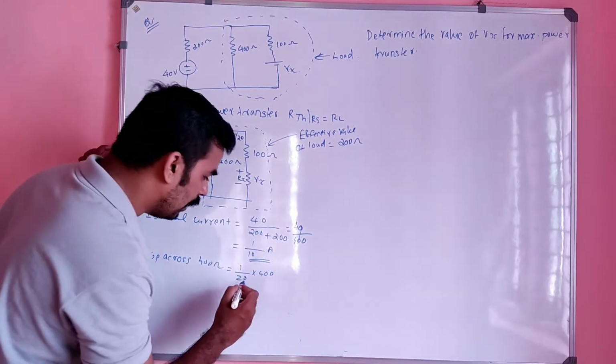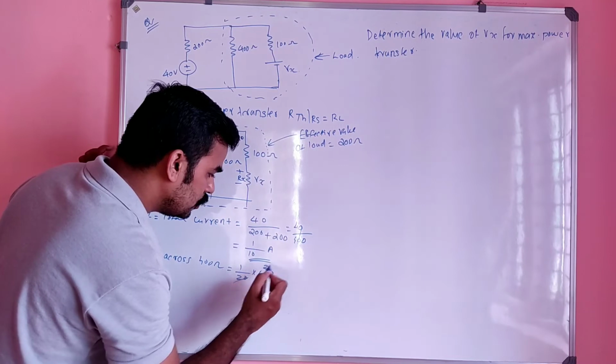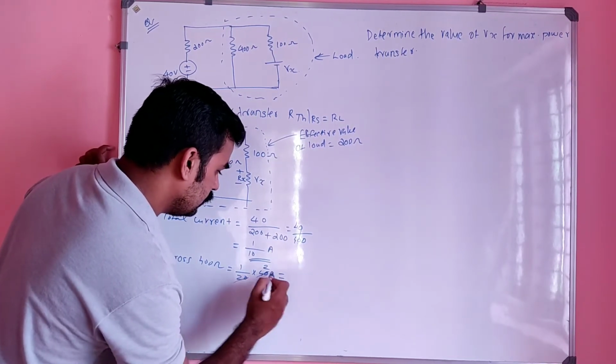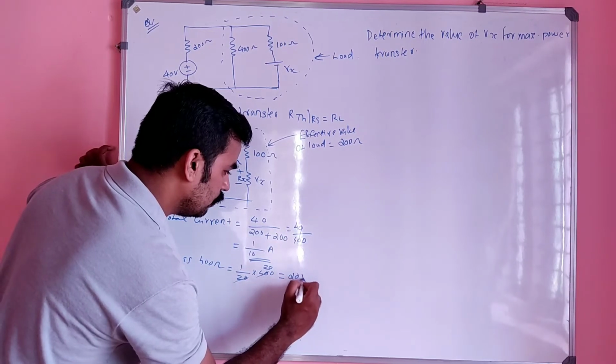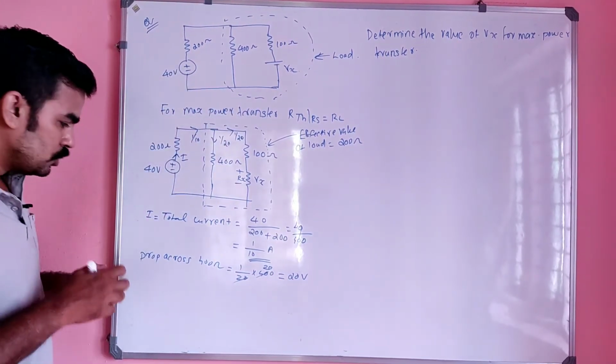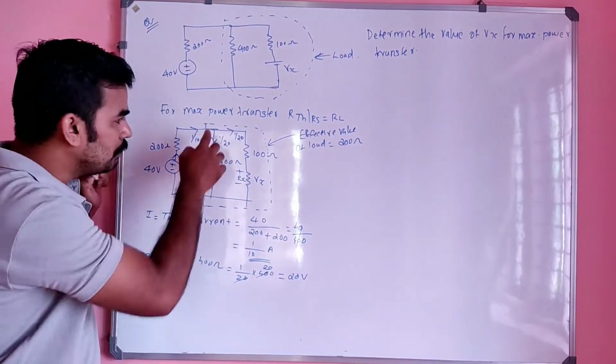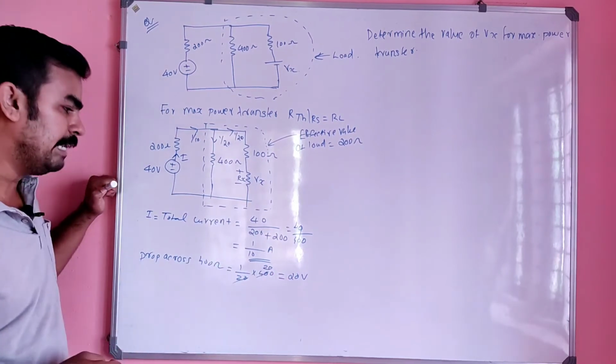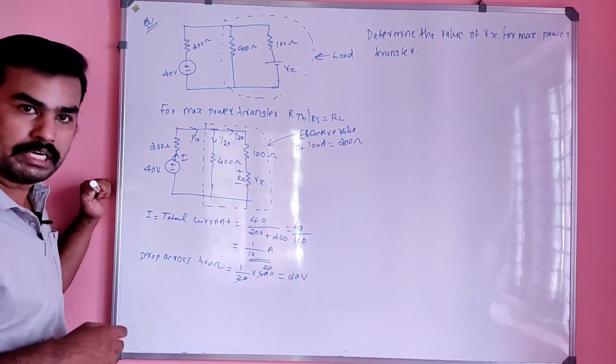V is equal to I into R. So drop across 400 will be 1 by 20 ampere times 400, which is 20 volt.